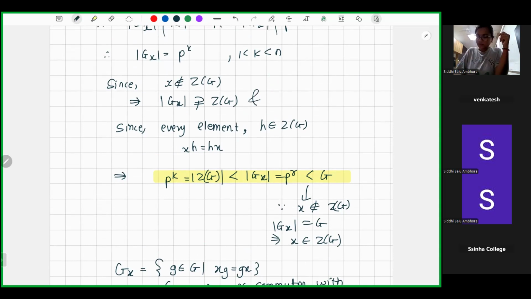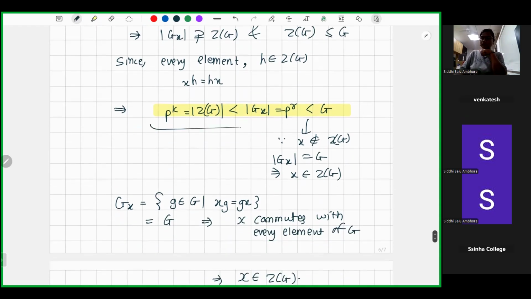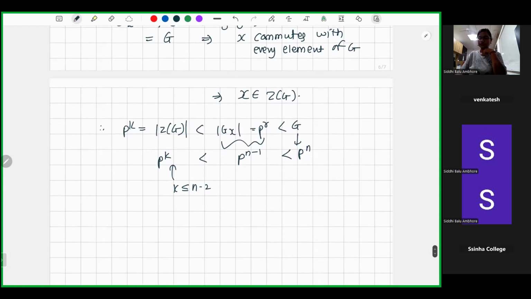And ZG is also a proper subgroup of G. So this is something which we have here. This relation p power k is less than p power r less than G, and that's it.